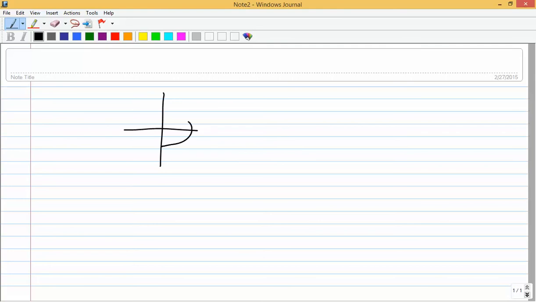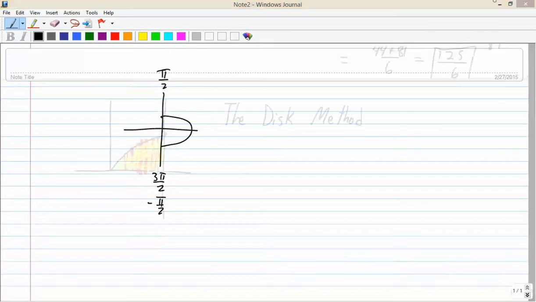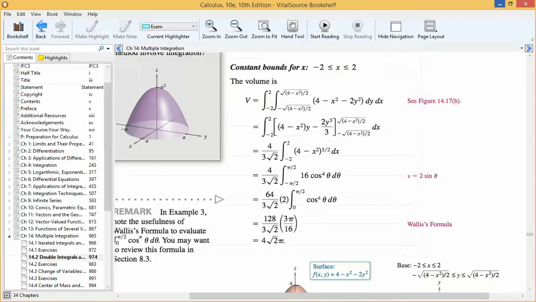If you're integrating from here to here, this is 3 pi over 2, but if you're integrating, you have to think about it as -pi over 2. And so integrating from there to there, from -pi over 2 to pi over 2. So that's why that changed to -pi over 2.